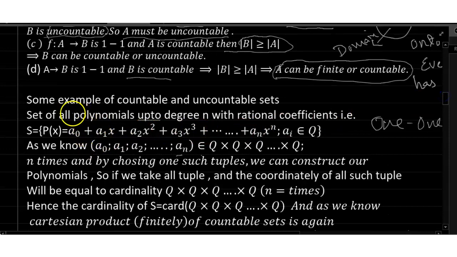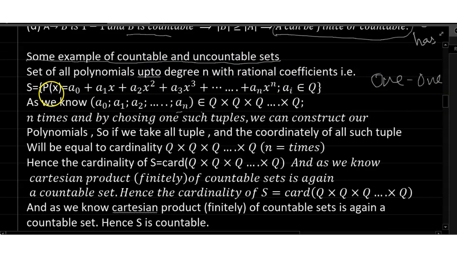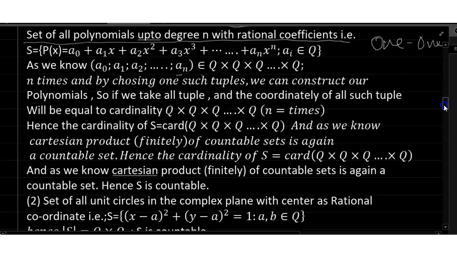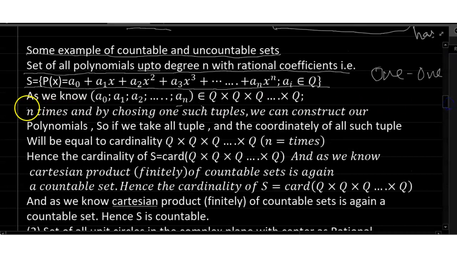And some examples of countable and uncountable sets: set of all polynomials up to degree n with rational coefficients, that is S = {p(x) = a0 + a1x + a2x^2 + a3x^3 + ... + anx^n, ai belongs to Q}. As we know, (a0, a1, a2, ..., an) belongs to Q × Q × ... up to n.